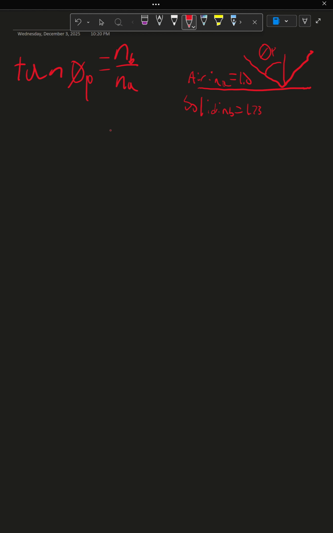That'll be 1.0 under 1.73, and that equals tan theta p. And now all we have to do is inverse it so we can get the angle from this.